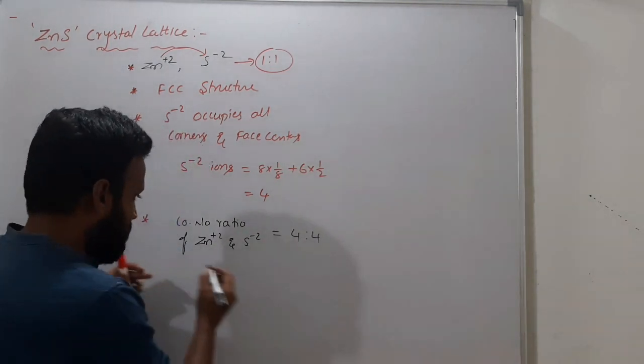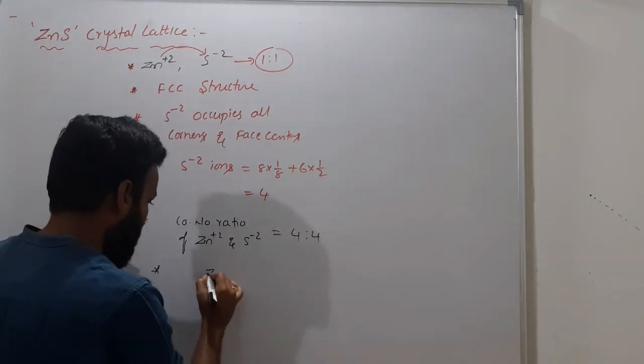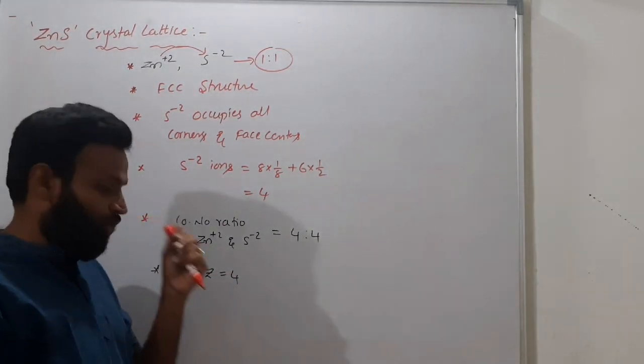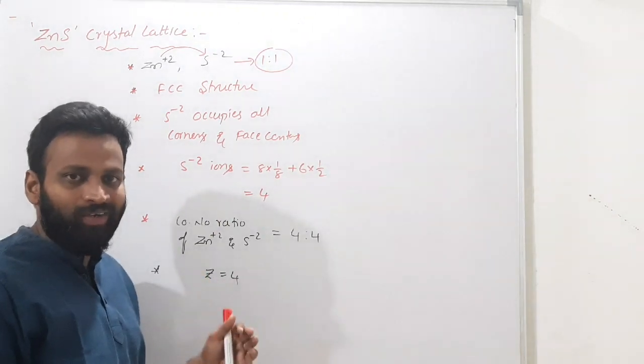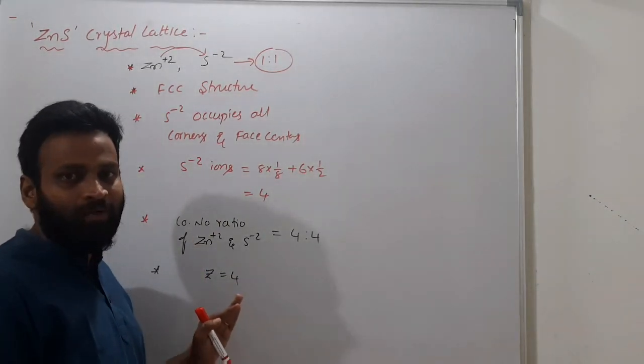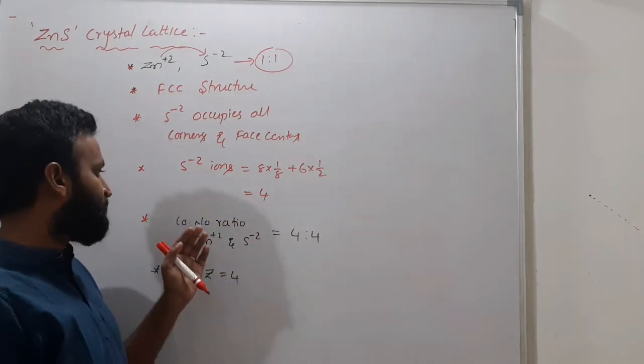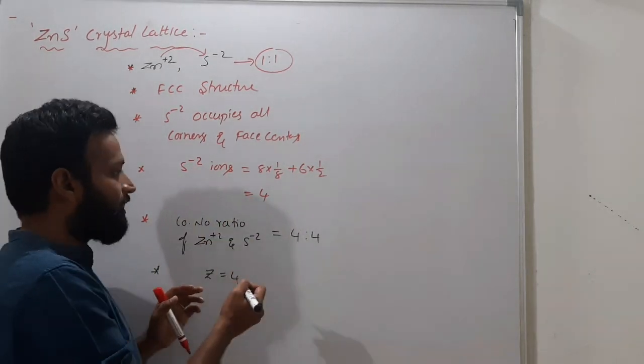FCC means the Z value is also 4. It's fixed. The effective number of atoms is 4, and the coordination number is the same.